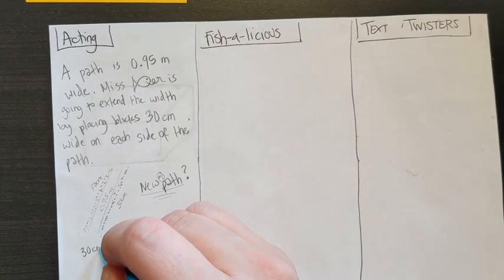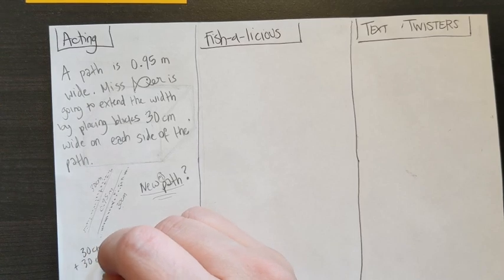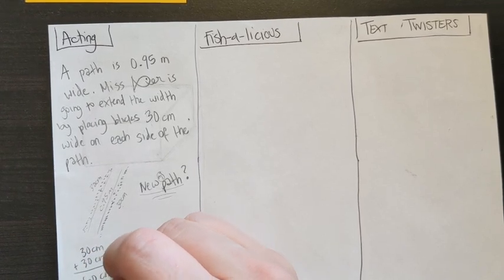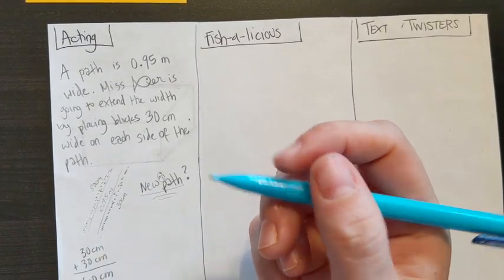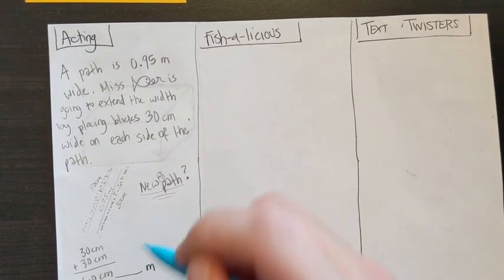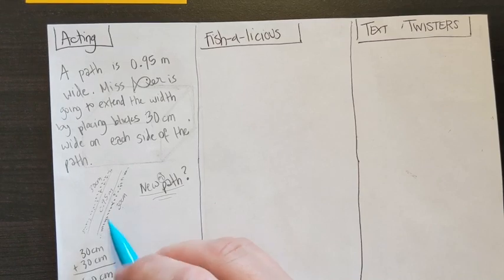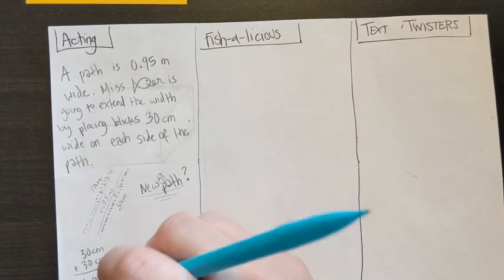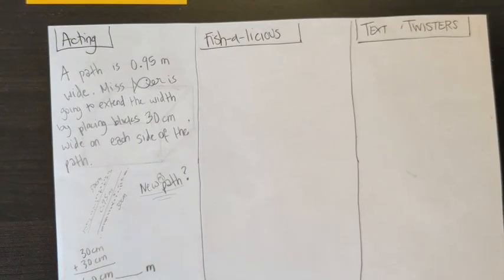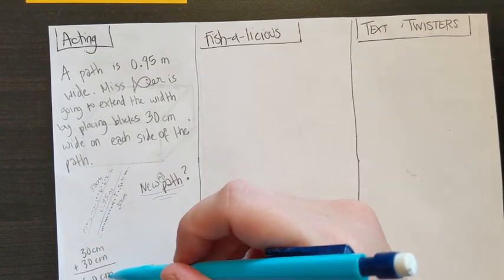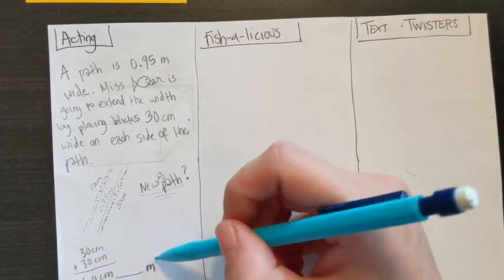So 30 centimeters plus 30 centimeters is 60 centimeters. Now quickly change that to meters. Then, once you have that, you can add the 0.95. This is a metric system, centi to meters.